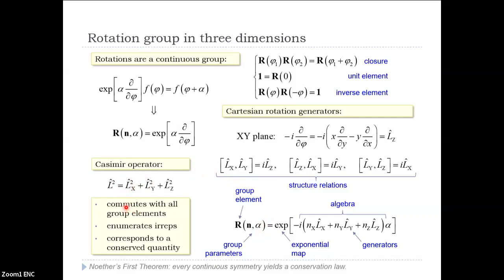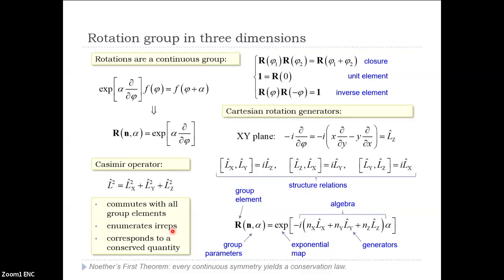It sits on the outside in the envelope, but it commutes with all group elements, as we all well know in magnetic resonance. It enumerates irreducible representations because it is responsible for the total momentum or the total spin in our system. And it always corresponds to a conserved quantity of any dynamics that obeys the corresponding symmetry.